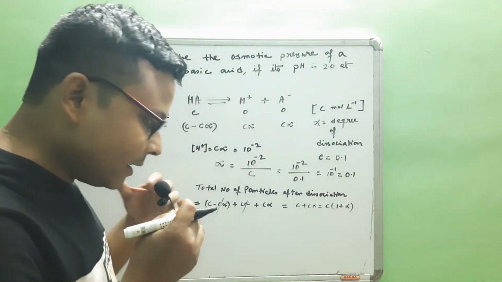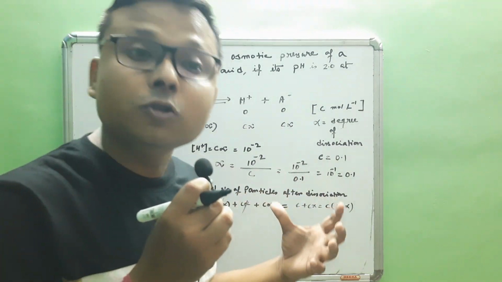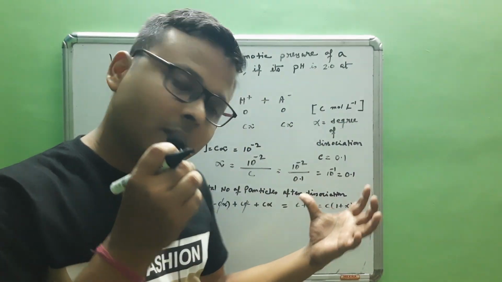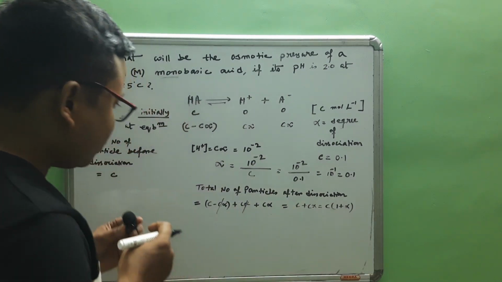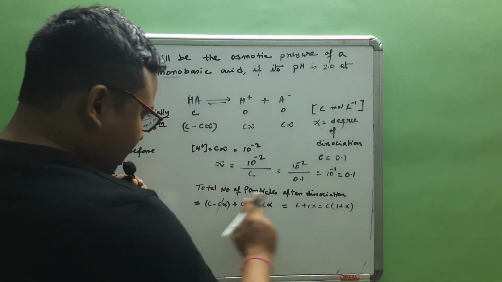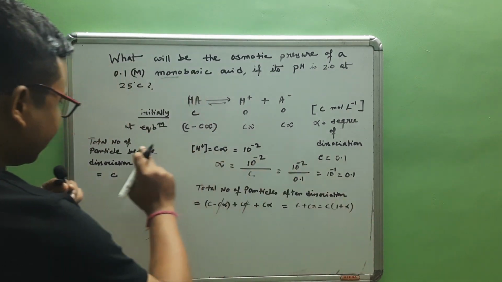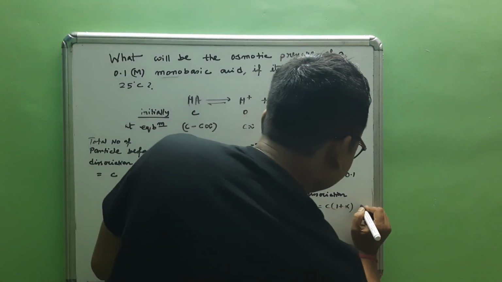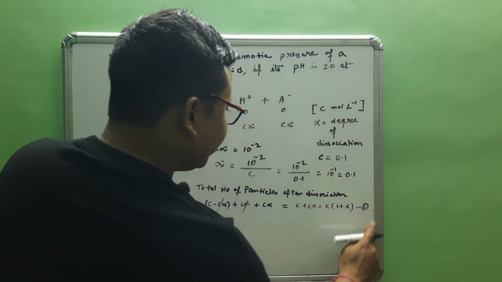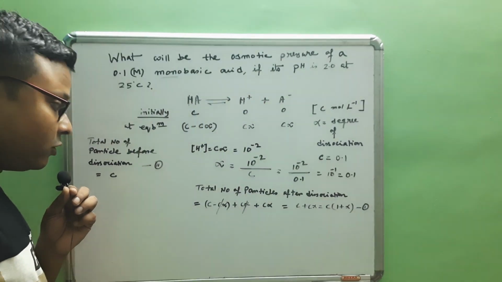We are interested in the number of particles in terms of moles, so initially only C, and after dissociation it forms as it is. So the ratio of the number of particles after dissociation to the number of particles before dissociation is nothing but the Van't Hoff factor.